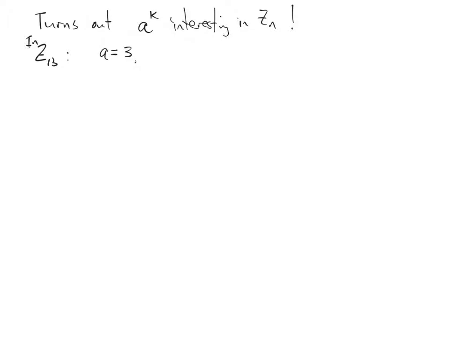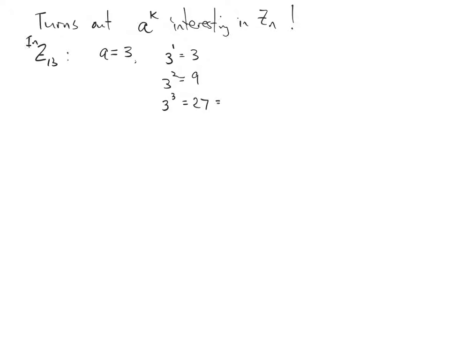So the powers of a are: 3 to the 1 is 3, 3 to the 2 is 9. These numbers are less than 13, so we don't have to reduce them. 3 to the third is equal to 27. What?